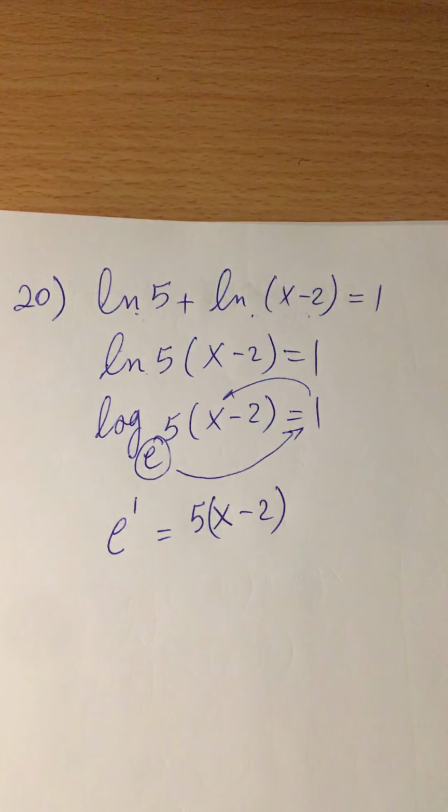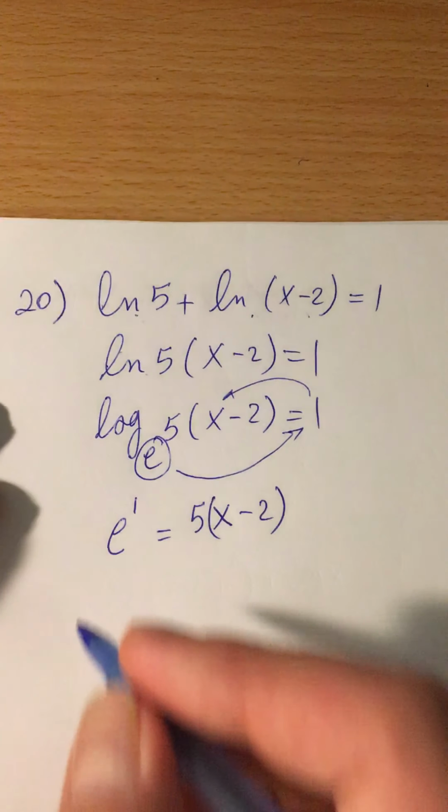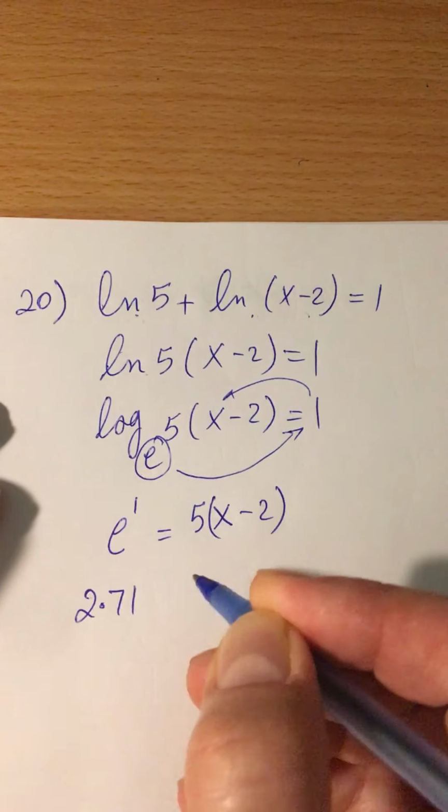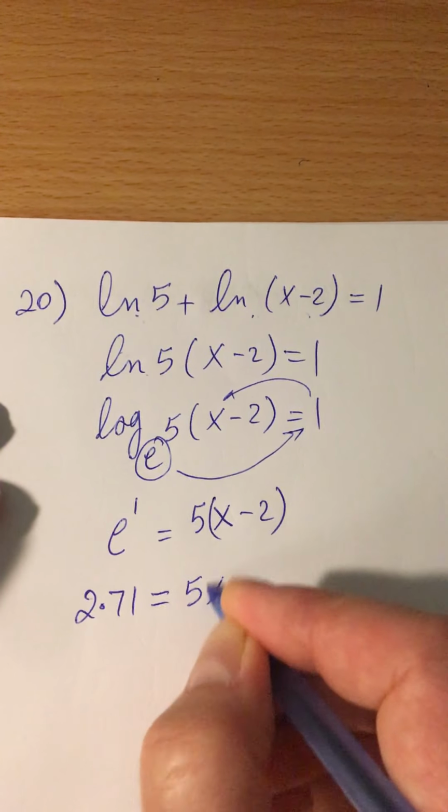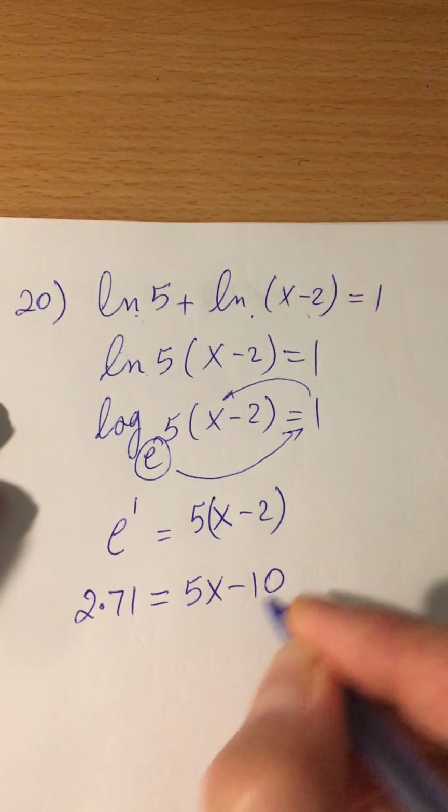Now it's in exponential form. I don't have to worry about the logarithm. So what is e to the power of 1? That's about 2.71, approximately equals 5x minus 10.